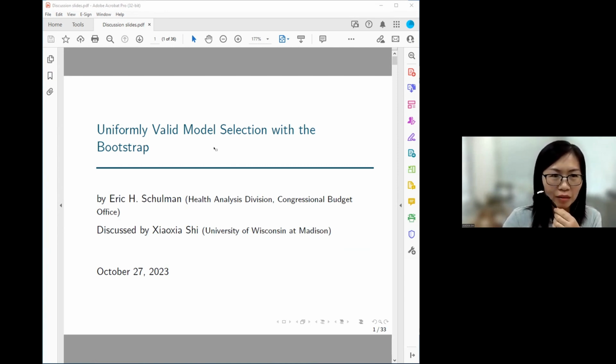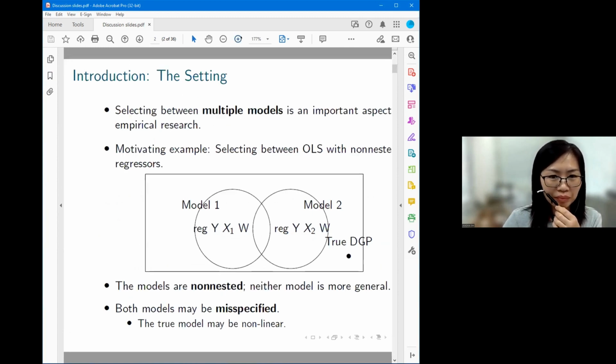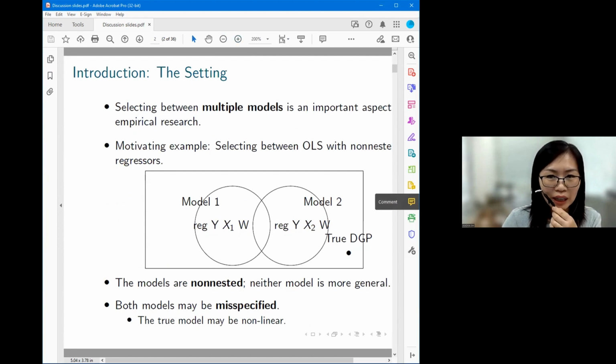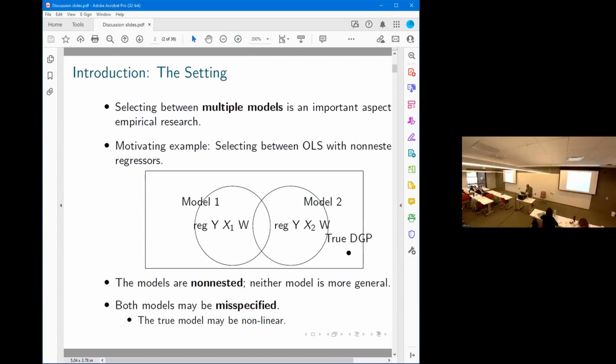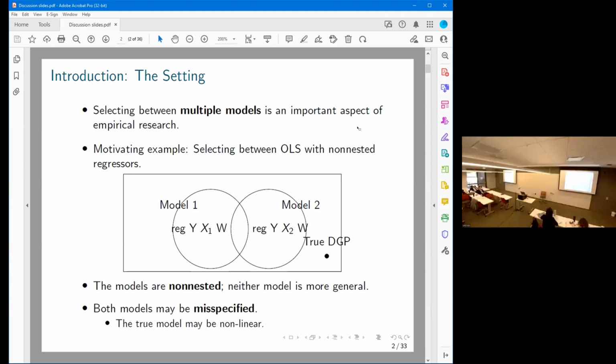So to begin, let me explain what model selection is. The setting is that you're selecting between multiple models, and selecting between multiple models is obviously a very important thing that people do in empirical work.